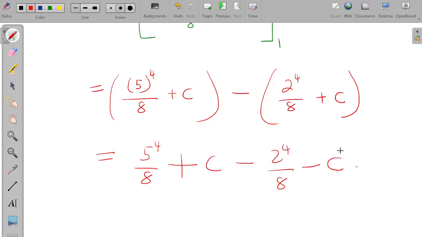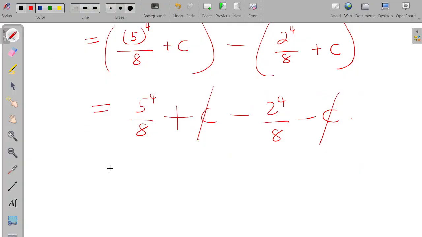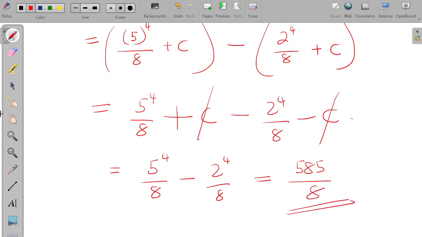This plus c and minus c cancel out. So we have 5 raised to the power 4 over 8 minus 2 raised to the power 4 over 8, and of course, that is 585 all over 8. That is what we got.